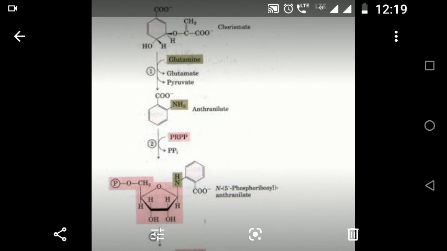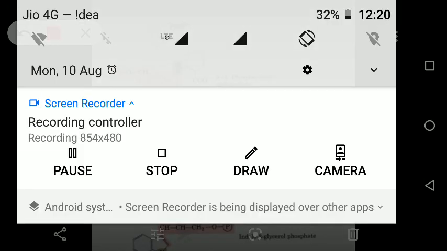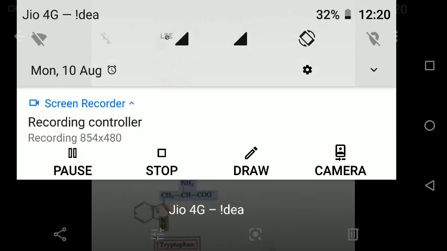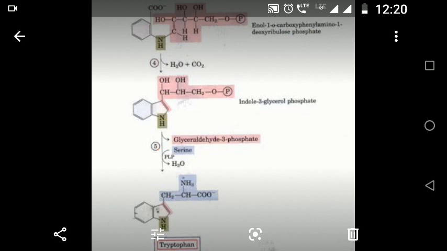Then enzyme activity 2, enzyme activity 3 and enzyme activity 4, and after that enzyme activity 5.